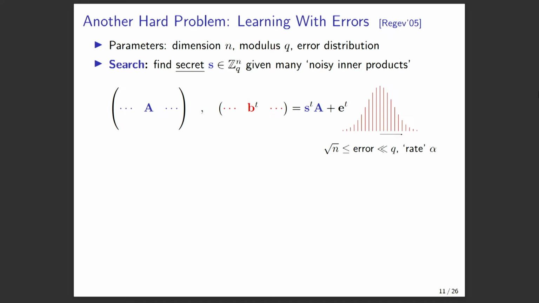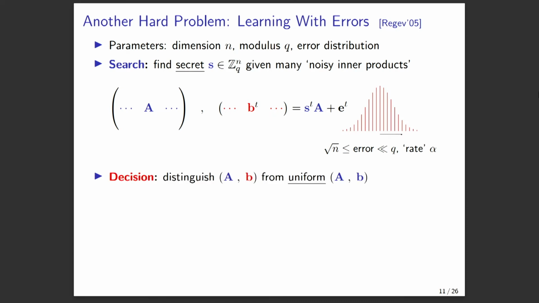Okay? Another form of the problem is the decision problem. So the decision problem is not to find S, but to merely distinguish whether some A-B pair is generated in this fashion or is just totally uniform and independent. Okay?